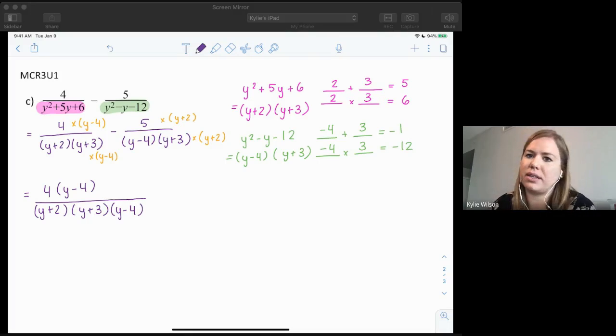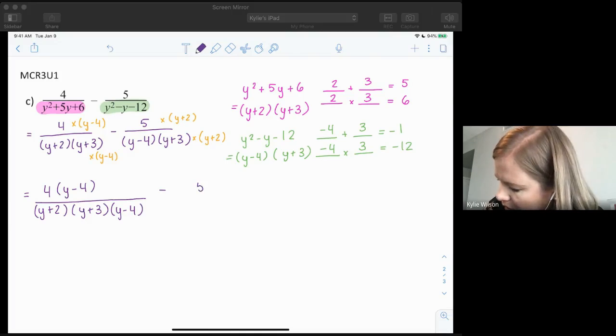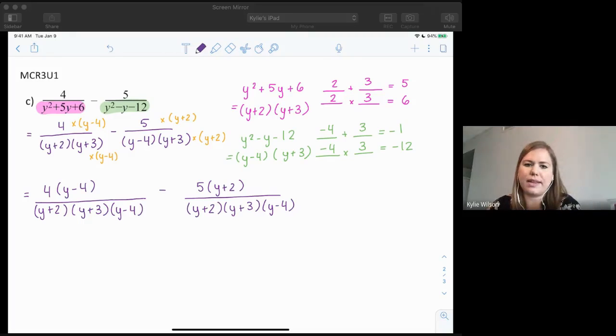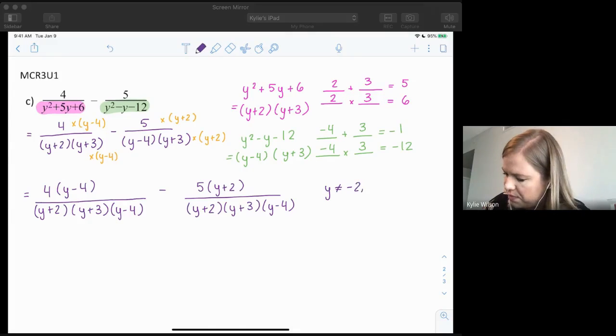But I just want to include all the steps so everybody can see it all. Minus 5 times y plus 2 all over y plus 2, y plus 3, y minus 4. So now let's quickly do some restrictions. So if I look here, y cannot equal -2, -3, or positive 4.